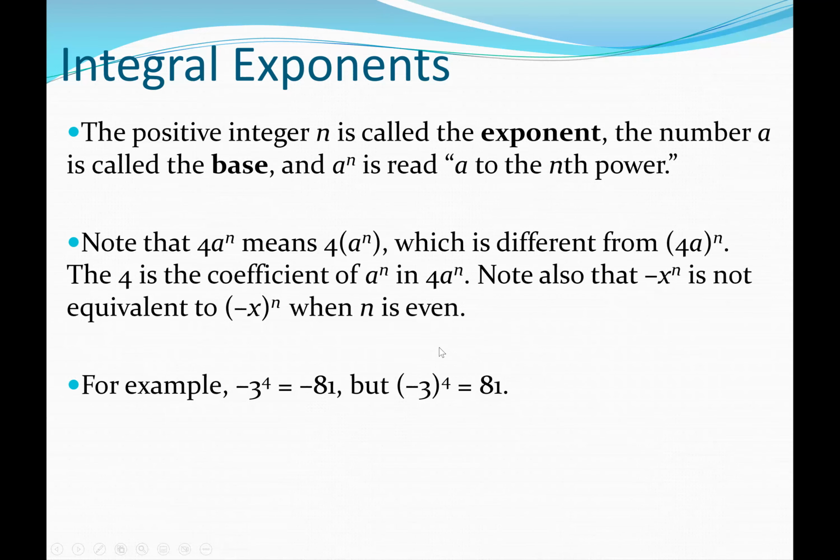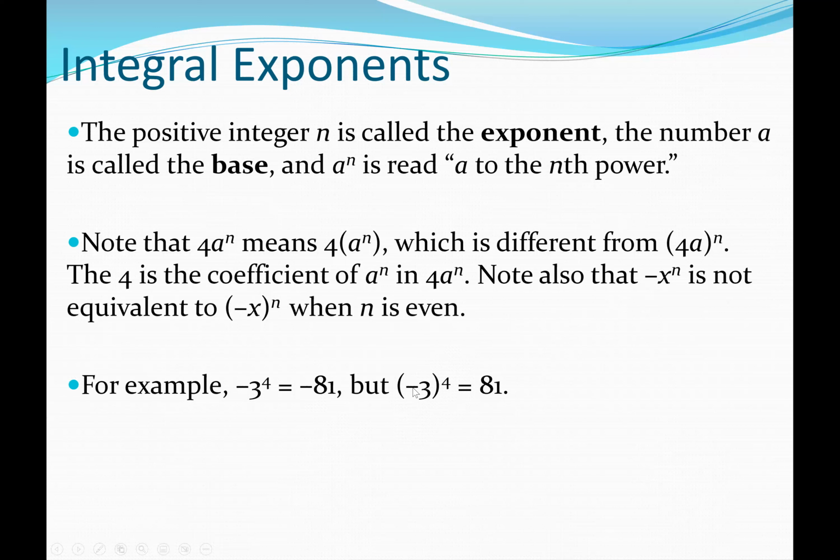Now, if we have a parenthesis, open and close, and we have -3, this means the exponent 4 affects the negative and 3. So anytime we have an even exponent and we have a negative, the answer becomes positive, because we know negative times negative is positive. And negative times negative is positive, times another negative becomes negative, times another negative becomes positive.